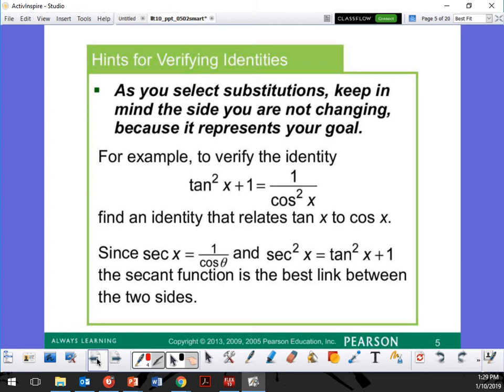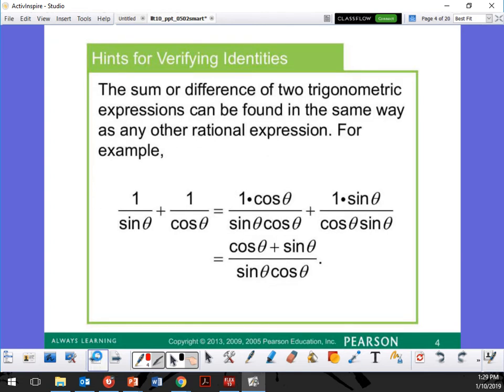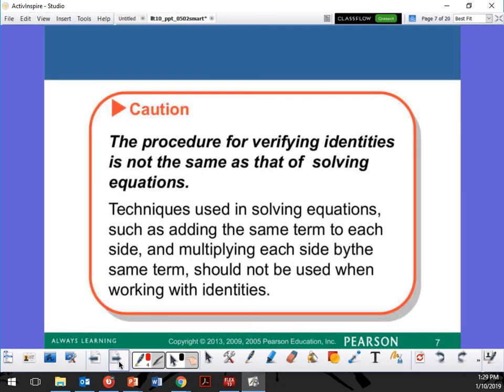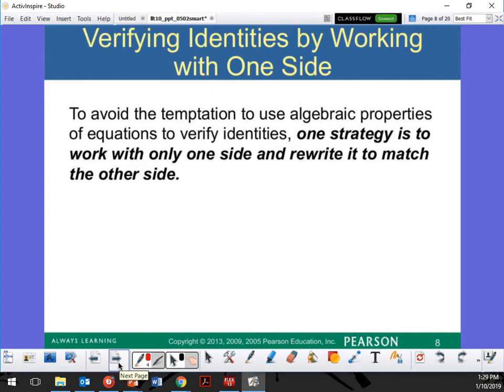And the same goes with the other one. Okay, I'll just use this board right here. So it's going to be sine squared x plus cosine squared x is equal to 1. What if I want to get sine by itself?